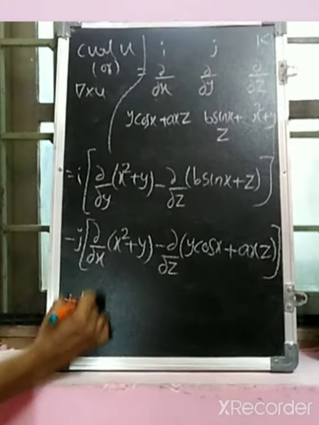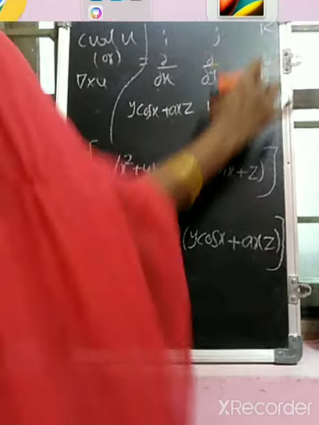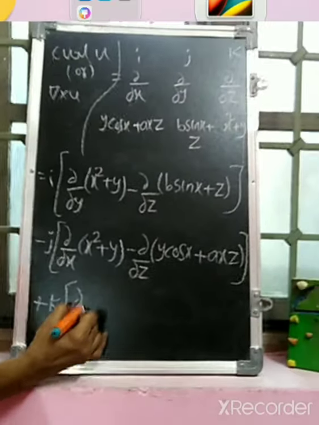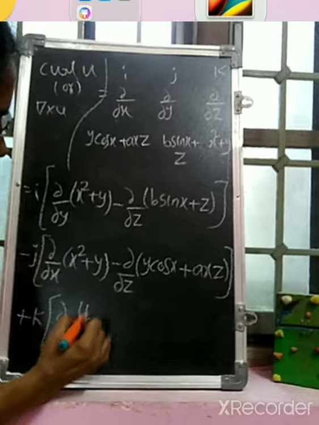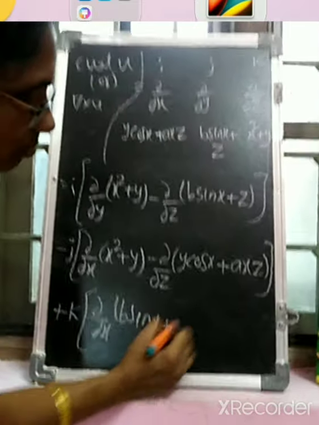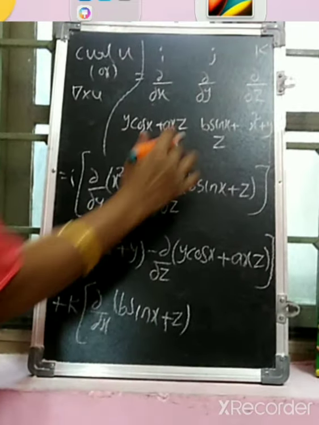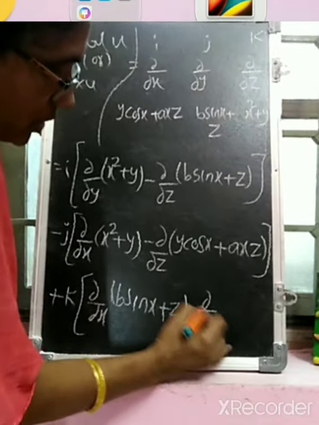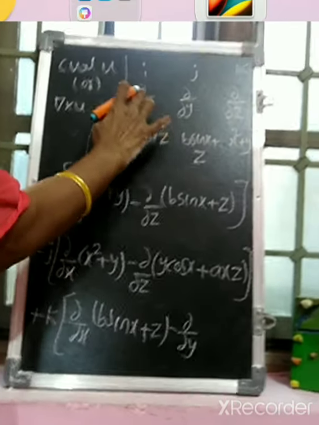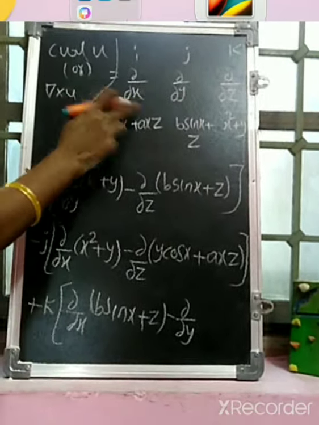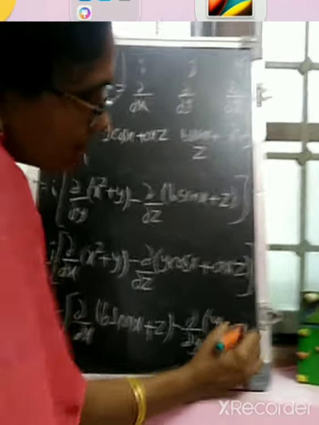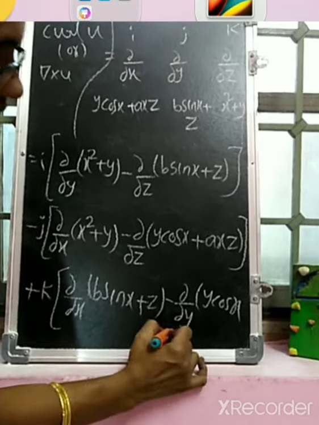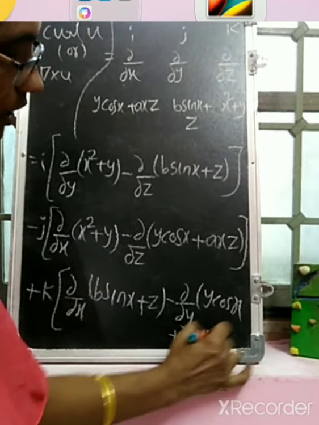Plus k into dou by dou x of b sin x plus z minus dou by dou y of y cos x plus axz.